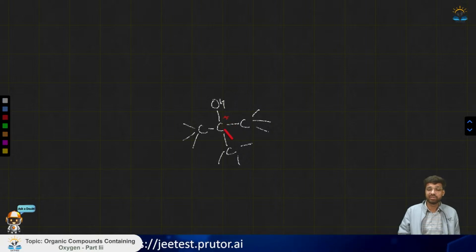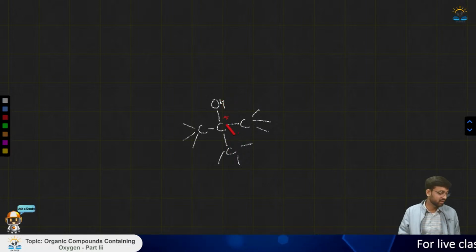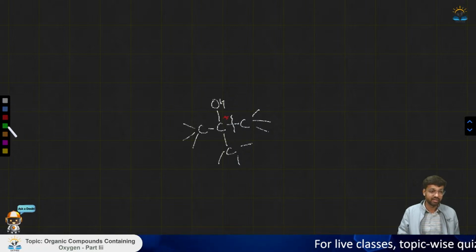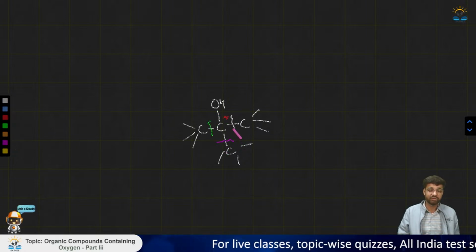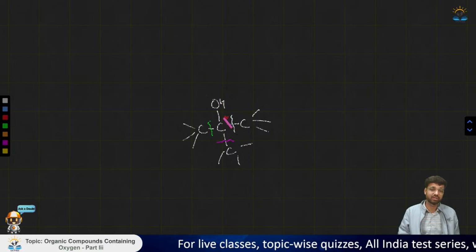This carbon center is attached to 3 carbons. Now, if you have to oxidize it, you have to remove this hydrogen and make a double bond with O. Since carbon can make only 4 bonds at maximum, you have to break this bond, or this bond, or this one.